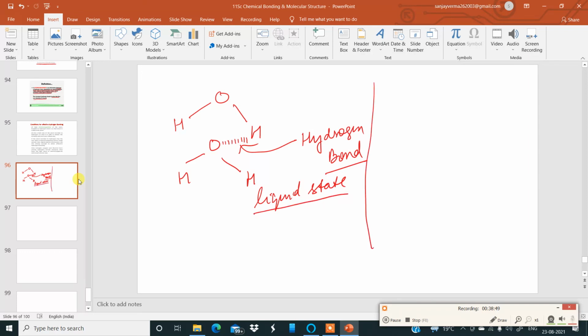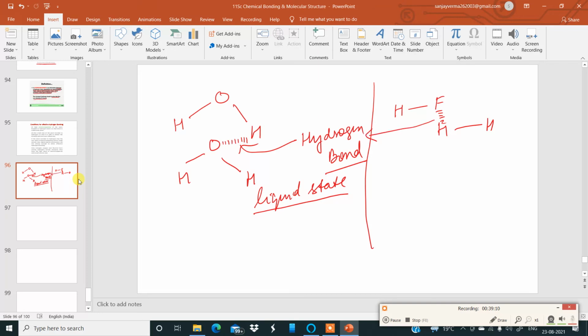We can see a hydrogen bond, slightly weaker, in the case of hydrogen fluoride. Here you can see fluorine as the electronegative atom and hydrogen from the other molecule, so this is also a hydrogen bond.